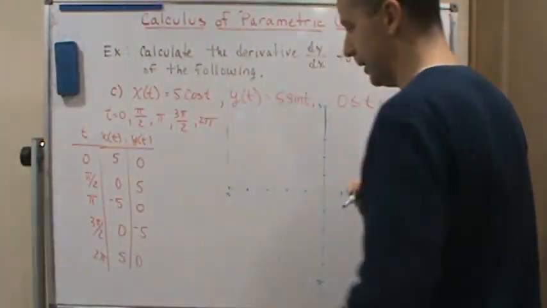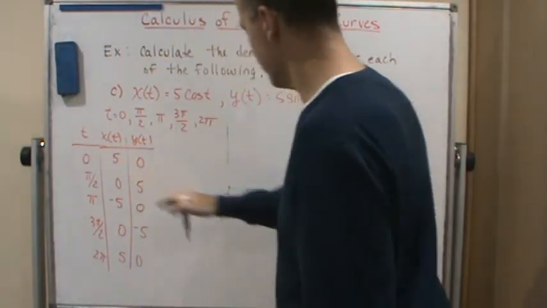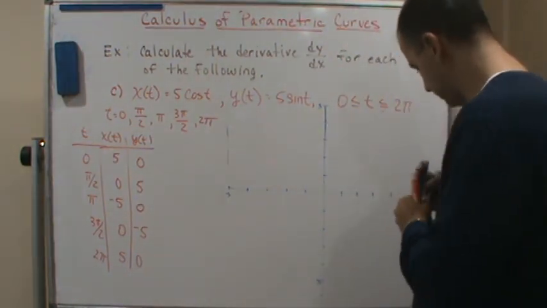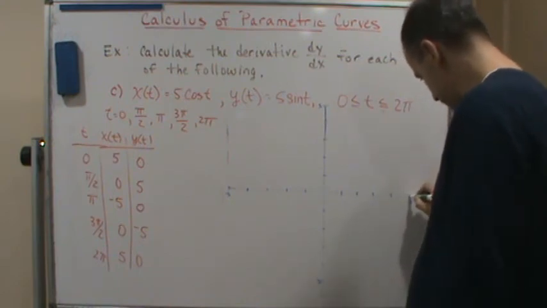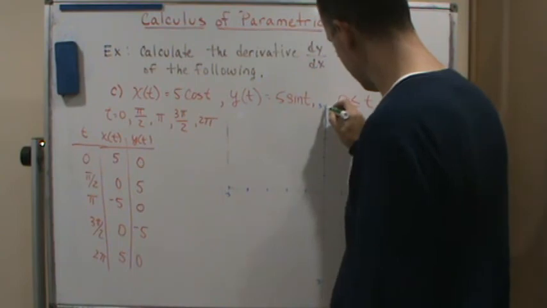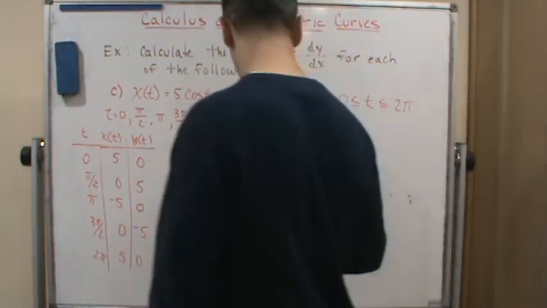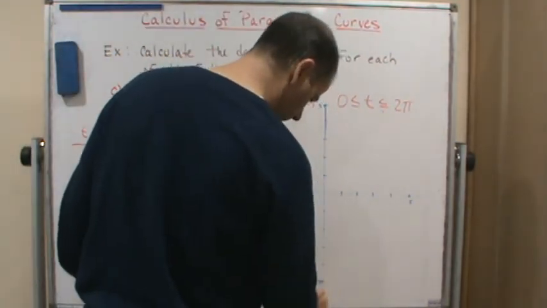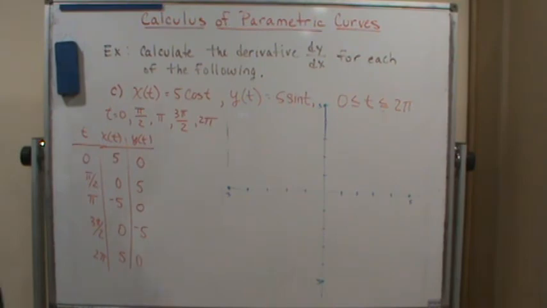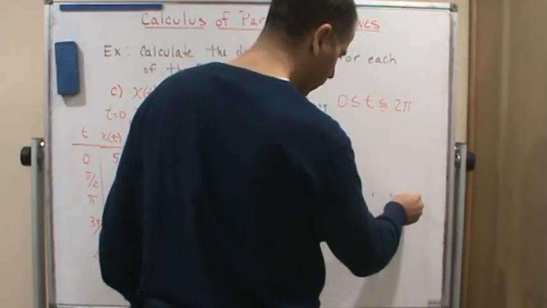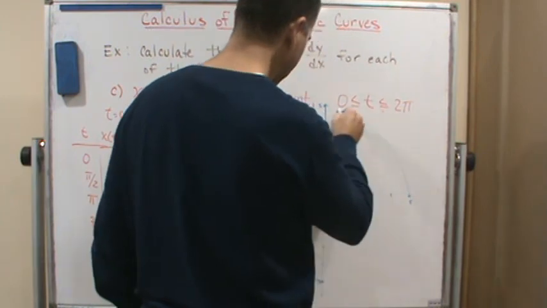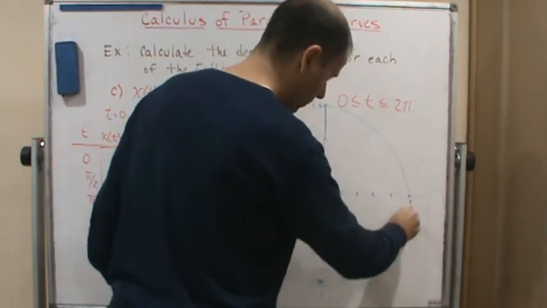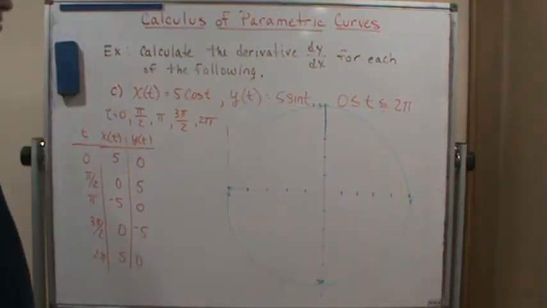Okay, so now let's plot these. So easy, right? 5, 0 is here, and then 0, 5 is here, and then negative 5, 0 is here, and then 0, negative 5 is here. So what do we get? Well, if you plot more points, what we end up getting is a circle like so.